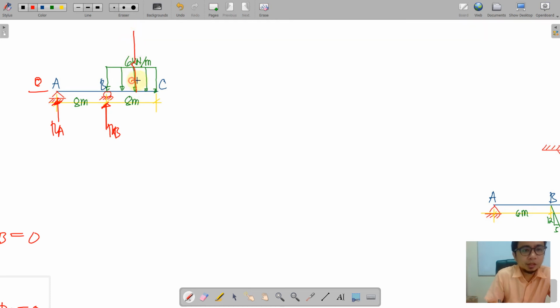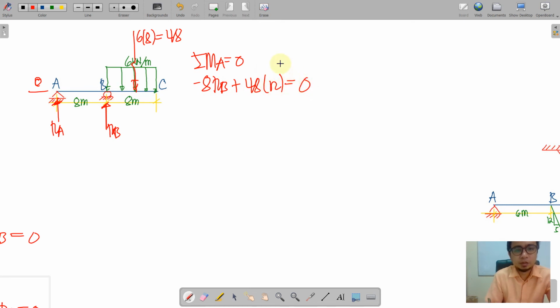So this is the resultant 6 by 8. This is equal to 48. And then taking moments at A, we have 8 RB. This is negative rotation plus 48 times 12. Now this is equal to 0. We have RB equal to 72.